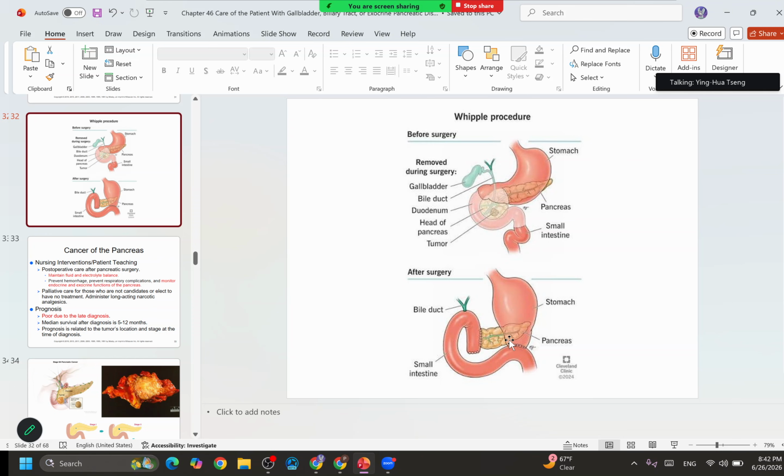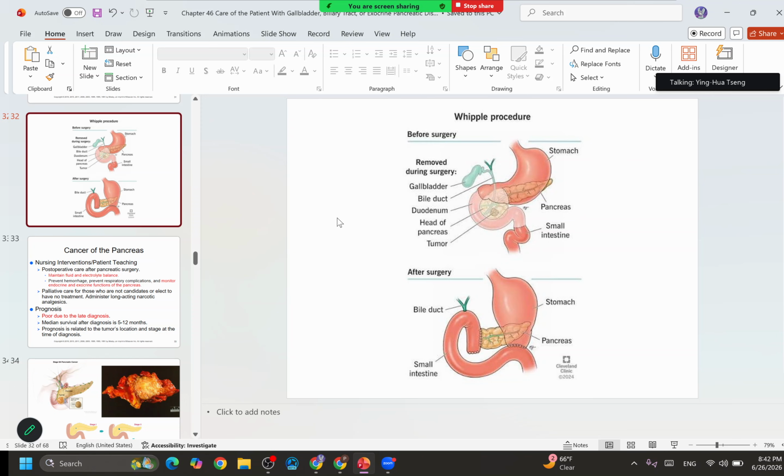It's still duodenal, but a little bit lower. So on the upper part you can see your small intestine will attach with your pancreas, and here is your common bile duct, and here is attached to your stomach area. So we call this procedure the Whipple procedure.